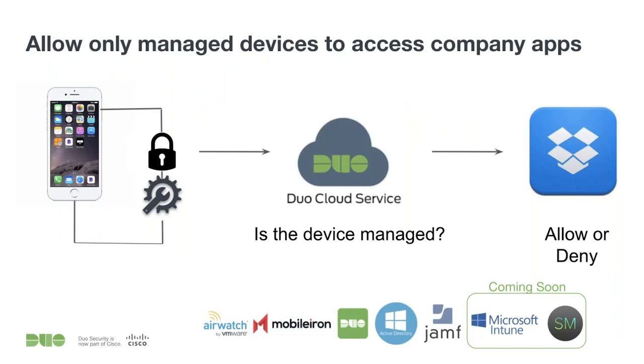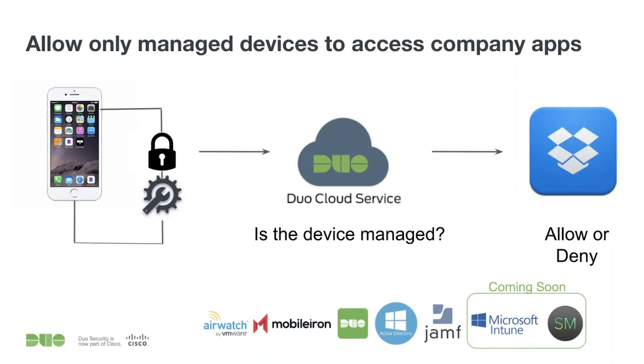One other piece that is really exciting in the Duo device functionality is being able to have Duo Mobile, the app on a device, or the device health app on a device, serve as a basic layer of trust, but also keying in with other MDMs like AirWatch or MobileIron or Jamf, and checking the management status of a device.